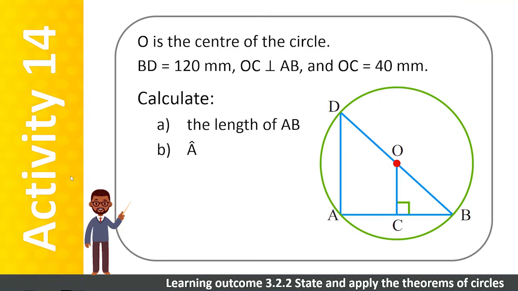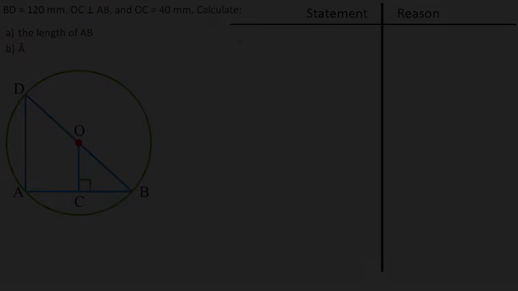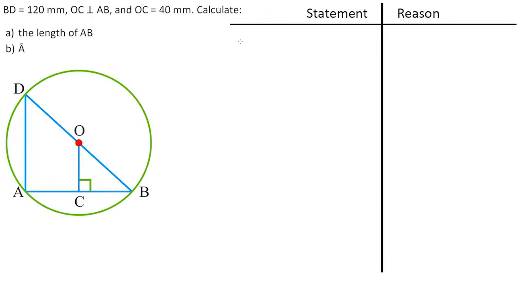Let's watch a lecturer going through the solution. Let's consider this example. What is very important here is that, as good practice, as they give the information, you fill it in on the diagram so that you have a complete diagram with information, and from there you'll be able to see what to do. They said BD is equal to 120 millimeters.